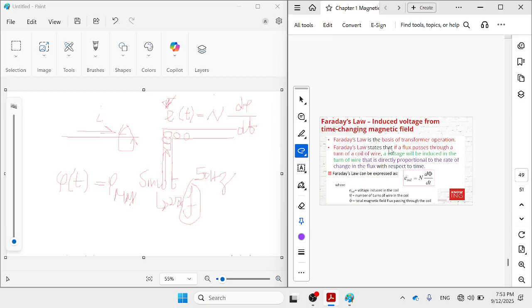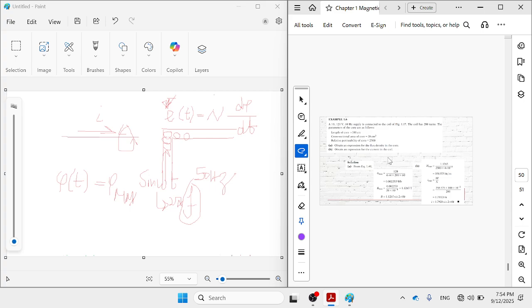Transformer operation also uses that one, which states that when flux passes through a turn of a coil of wire, a voltage will be induced in the turn of wire that is directly proportional to the rate of change in the flux with respect to time. So in Faraday's law, time plays the most important part of the equation.